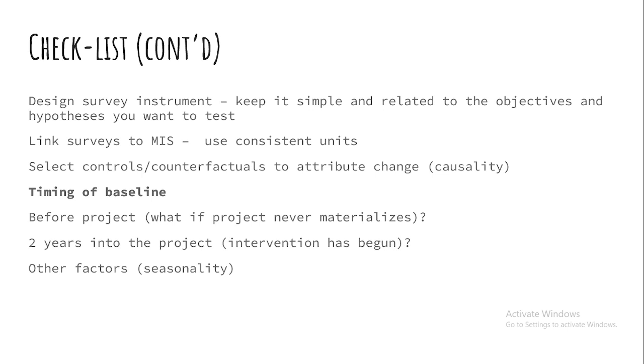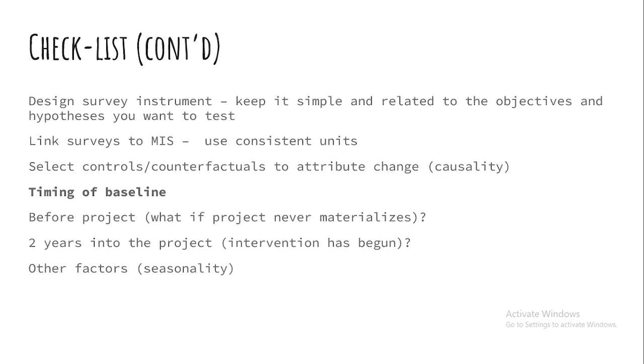Then you have to also select other 6 schools that will not receive the intervention, and that will be the counterfactual group. So you collect data, survey both those groups, so that at the end of the project you can compare how far better are those that received the intervention than those that did not, or are they the same or not the same? You're actually assessing the impact of the project.